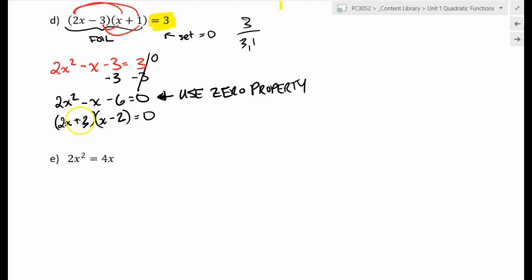So breaking this apart, if 2x plus 3 equals 0, then x will be -3/2. In this case, x minus 2 equals 0, so x will be +2. So I've got two options there still.